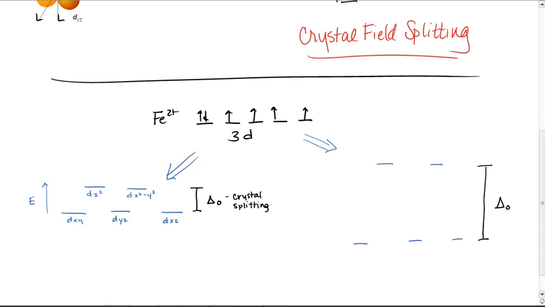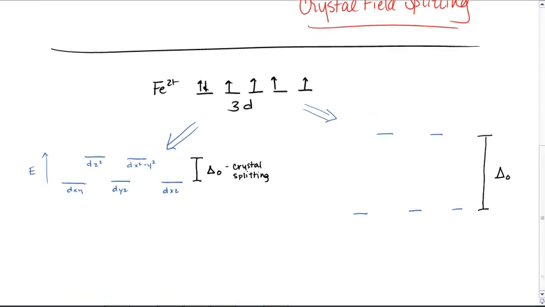So I'm going to put a little list of ligands as to which ones influence big splitting or little splitting. The ones that don't split it much, they must not have as much repulsion, are primarily the halogens and hydroxide. So I'm going to put this list in order, but you do not need to memorize them in order. You just need to know generalizations like, wow, all of these on this end are halogens or hydroxide. And so this group here tends to cause just a little split in energy.